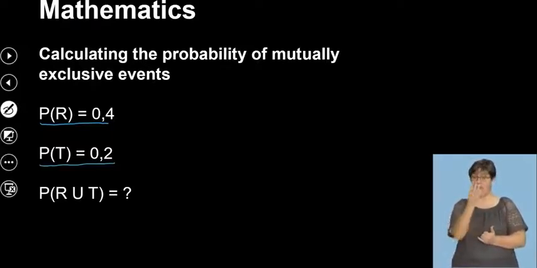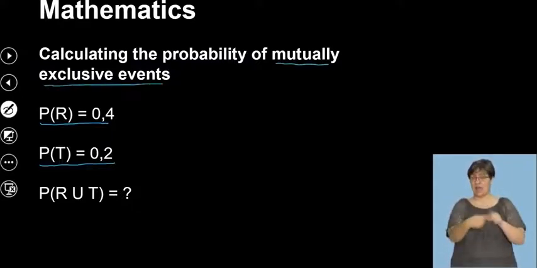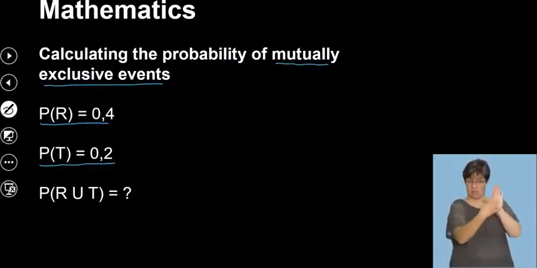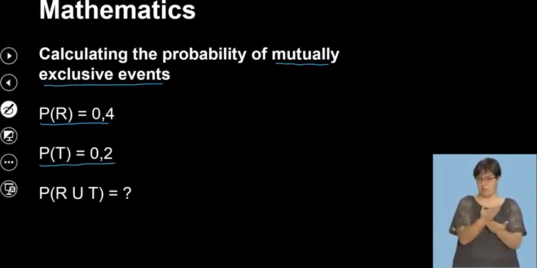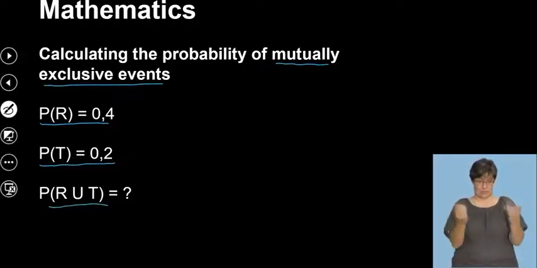They ask us, in terms of these two sets that are mutually exclusive, they're written as events, they're sets, Venn diagrams, and we want to be able to say, what is the probability of those two together?